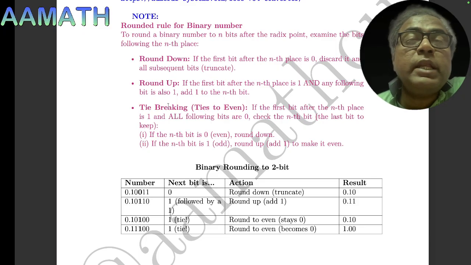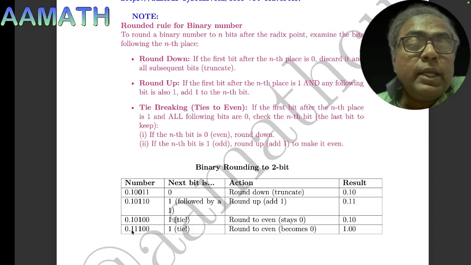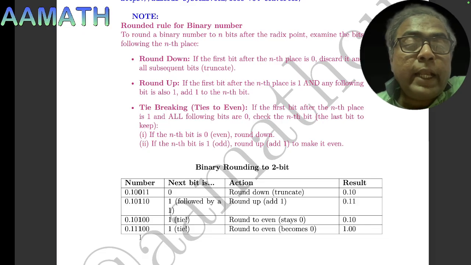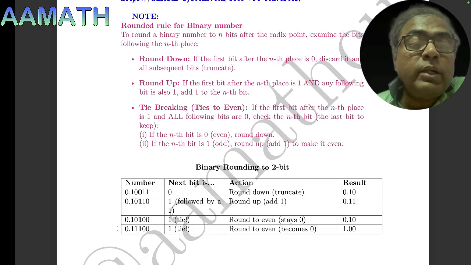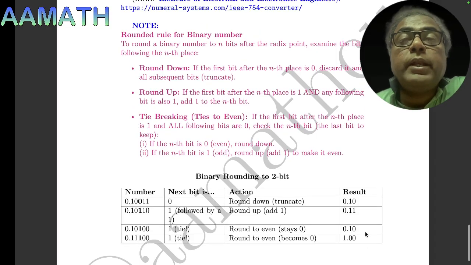If the nth bit is 1, here the second bit is 1, round up to make it even. So 1 plus 1 is 0, carry 1, 1 plus 1 is 0, carry 1, giving 1.00. This is the rounding rule for binary numbers.